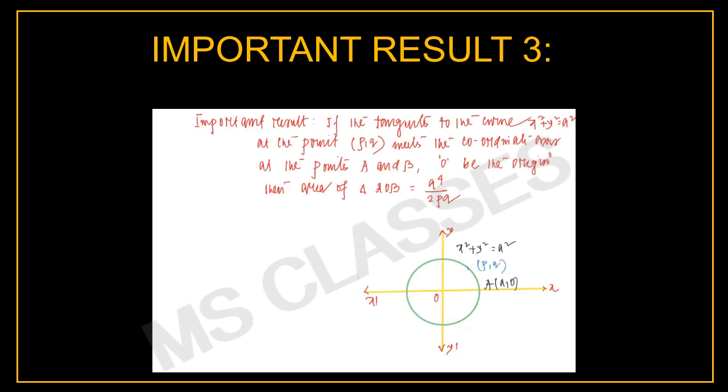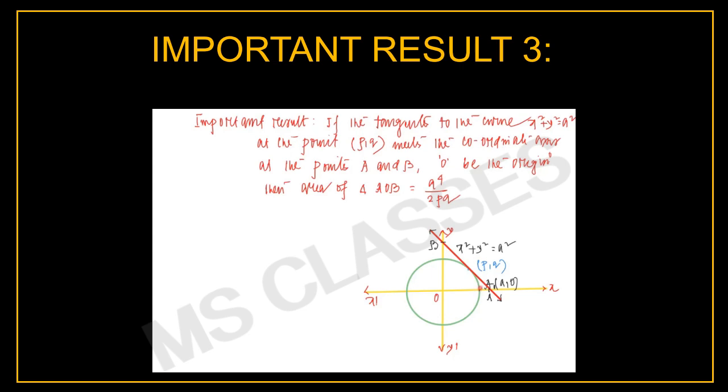Now here we take a tangent. The tangent is drawn at this point and it meets the axes at two points, which we take as A and B, because it is given A and B. So the point which we took initially we call A1, because both cannot be A. Now the point we take as A and this point as B. We are talking about the triangle AOB.